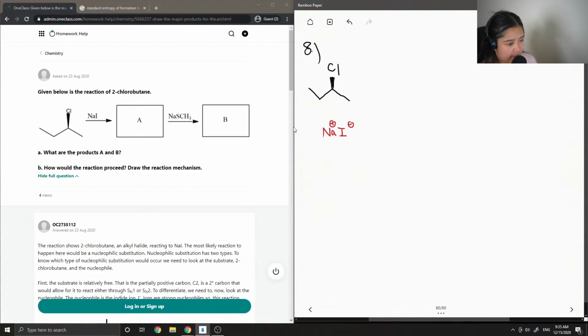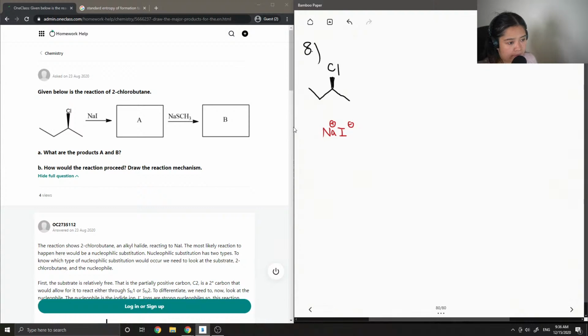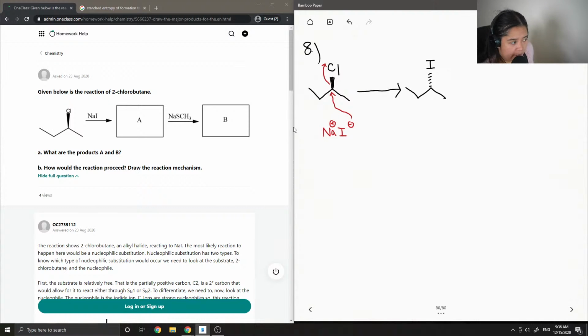So I'll just show the charges: sodium is positive and the iodine is negative. So this will attack the carbon that contains the chlorine, and we'll kick it off, forming product A, which is 2-iodobutane.